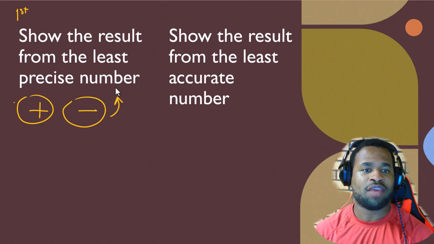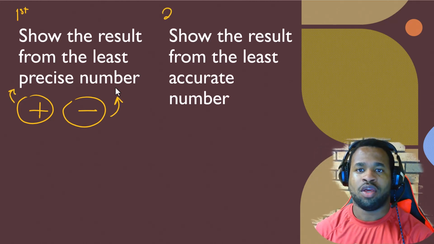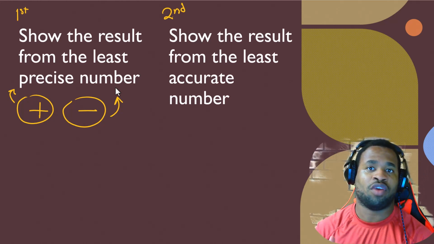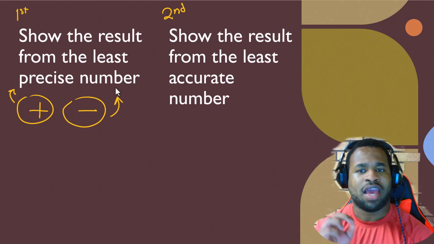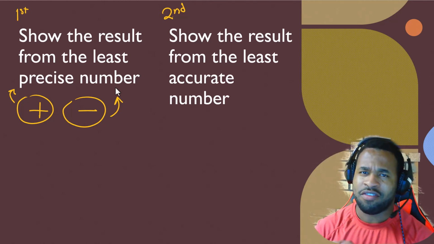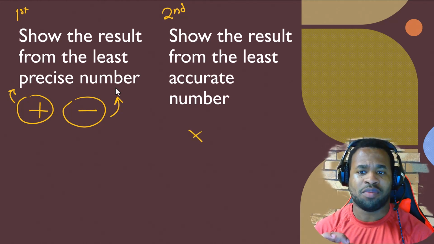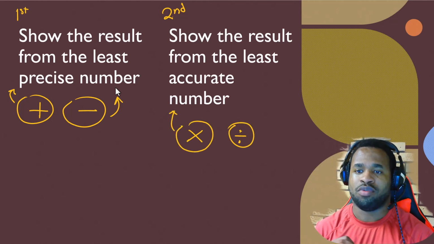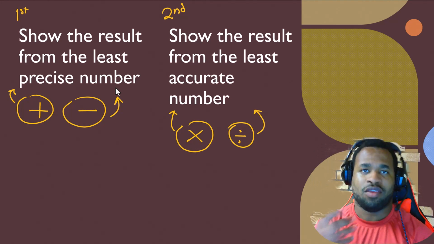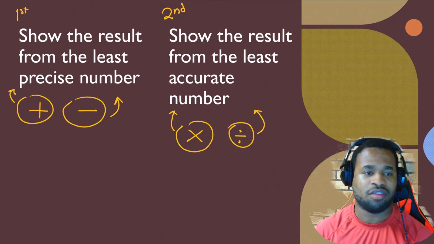And the next rule, which is the second one, says that to show the result, we determine it from the least accurate number, and this applies to multiplication and division of two or more numbers, and this here is what we are focusing on for the second rule.